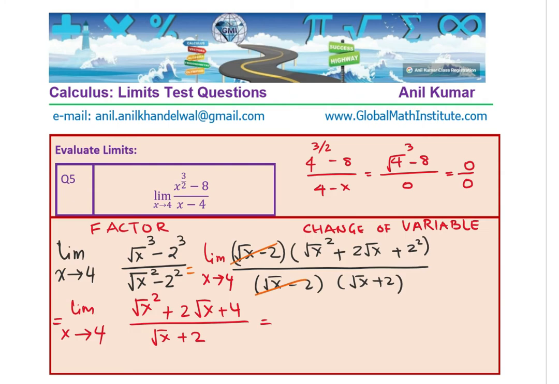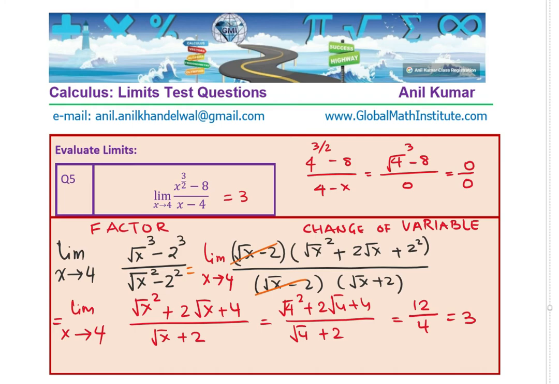So we can substitute 4 here: 4 plus 2 square root 4 plus 4 over square root of 4 plus 2. Now that gives you in the numerator 4 plus 4 plus 4, right, which is 12, divided by 2 plus 2, which is 4, and that is 3. So we get this limit as equal to 3. So you see how we could actually simplify, factor, and then get the limit for this particular case.